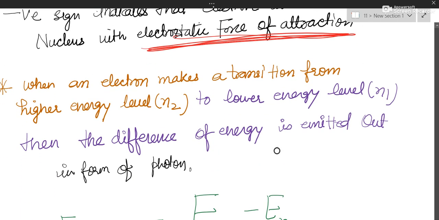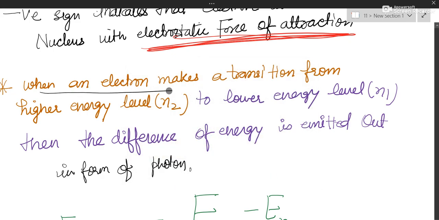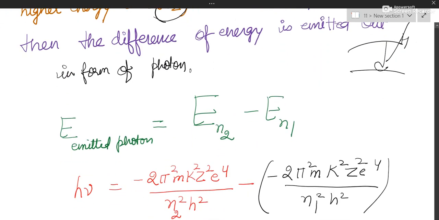Now coming to the next section. When an electron makes a jump from a higher energy level to a lower energy level, it leaves a photon of light. That photon carries the energy equal to the difference of energy of the two levels.